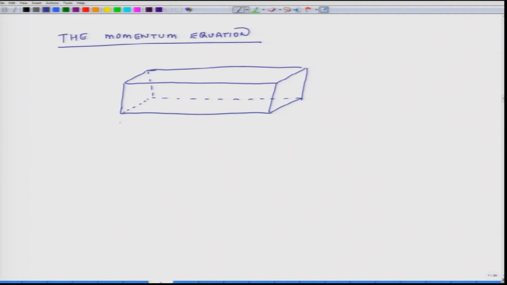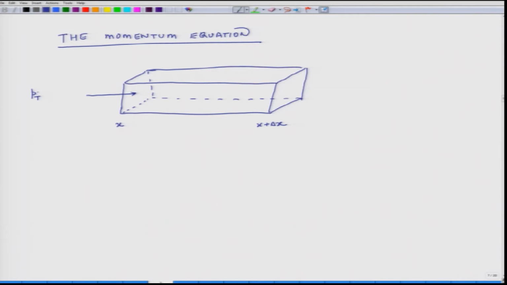Let us say the coordinate of the first starting point of this fluid element is x, and this fluid element is delta x long. So, this is x plus delta x. There is pressure acting on this face, and what is the pressure?